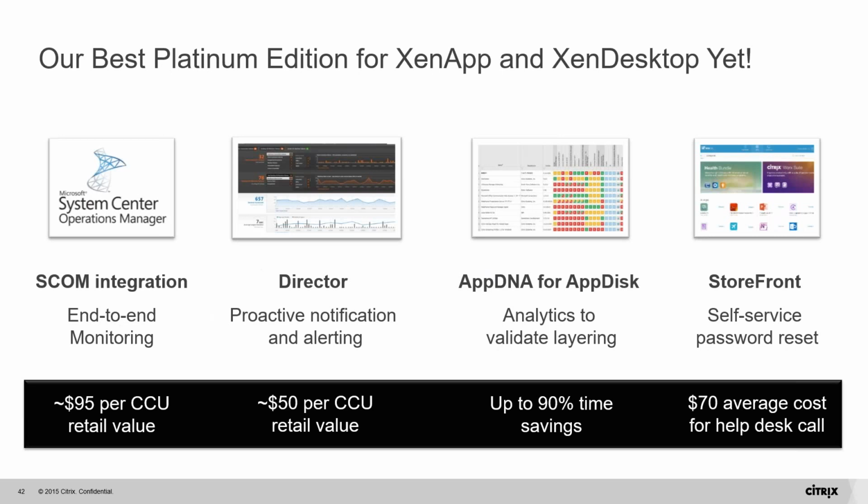So what Citrix did with the 7.5 and 7.6 versions is bring in some better products to help monitor and troubleshoot the Citrix environment. Citrix Director handles a lot of the user sessions and lets you see exactly what's going on in your environment, with trending and reporting up to a year's worth of data in the Platinum Edition.